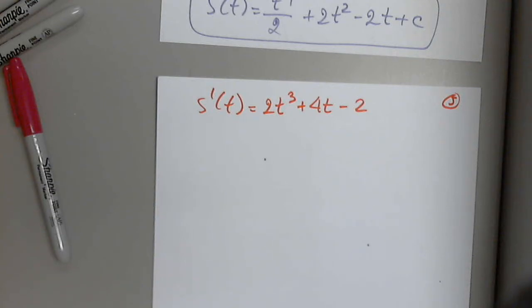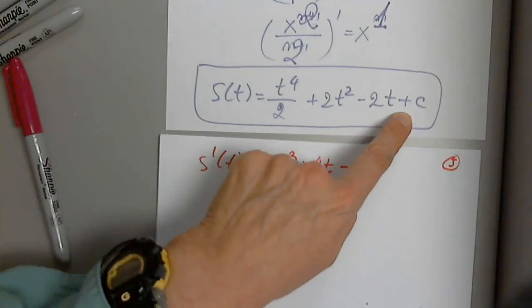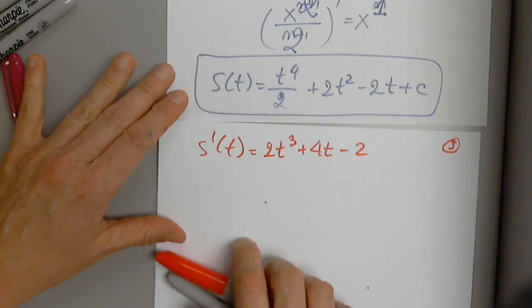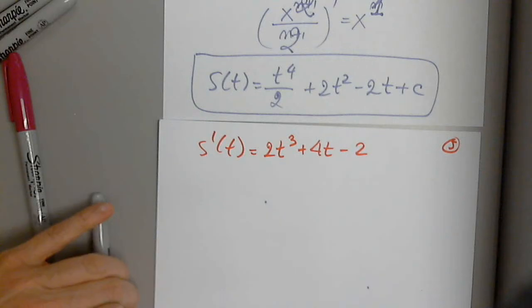Let's practice a few, and then we'll come back to something else. So in our S of t, what is the plus c? Oh, because when you differentiate, this will be 0. The point I'm making is that this is the most general, it's called.